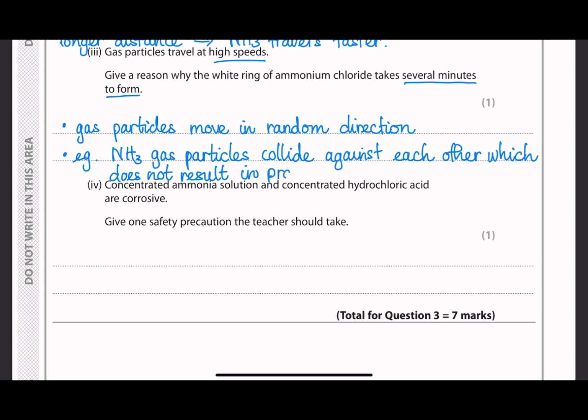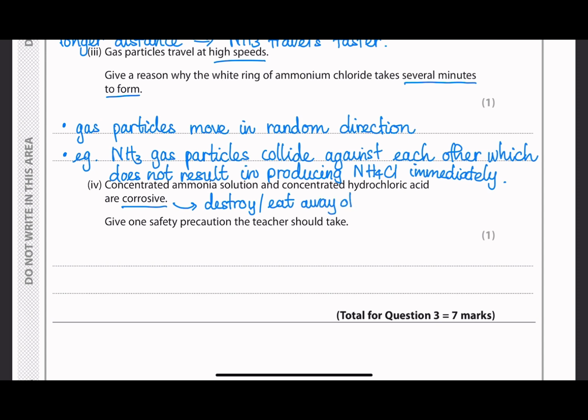And then for the next question, the concentrated ammonia solution and concentrated hydrochloric acid are corrosive. So the word corrosive here means that it can destroy or eat away at other materials once they come into contact.